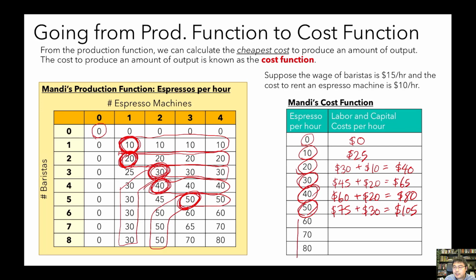All right, so hopefully you get the picture. In order to calculate a firm's cost to produce any particular amount of output, we simply look at the production table and we look at how much it costs to employ those inputs that are required to produce that amount of output at the cheapest cost.